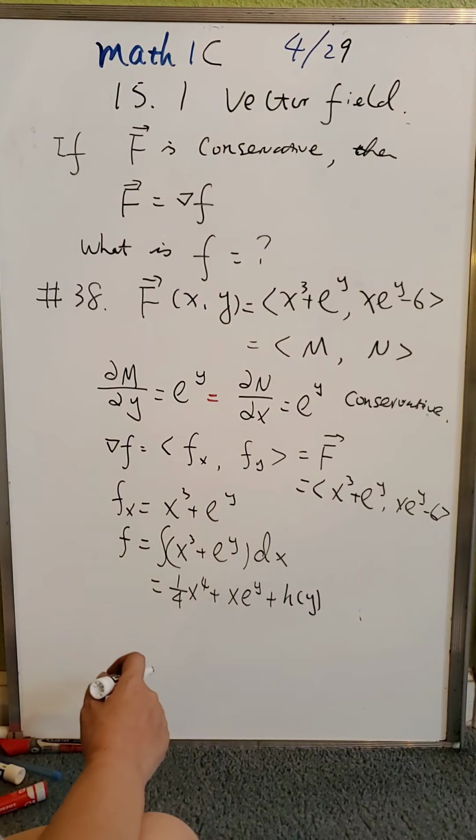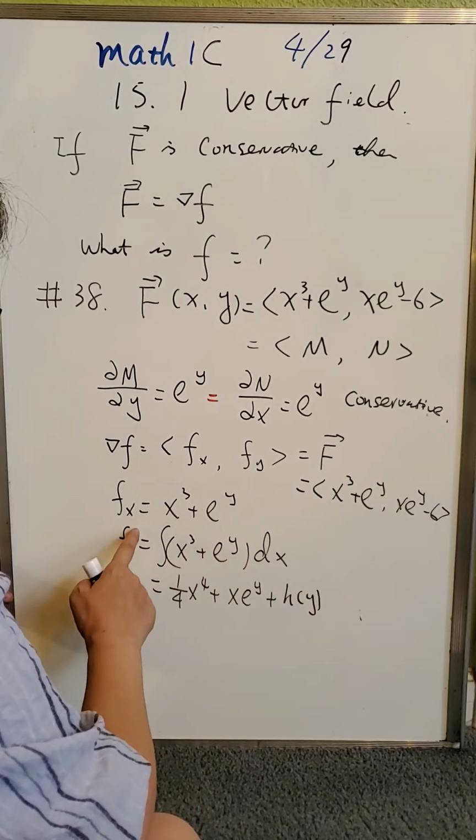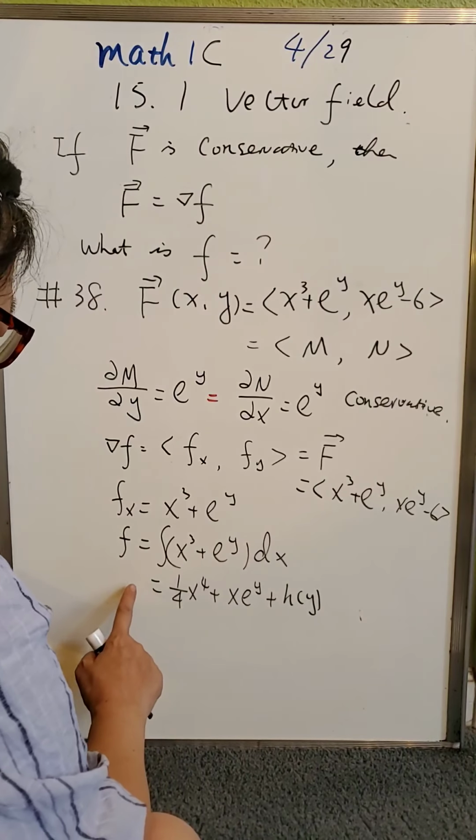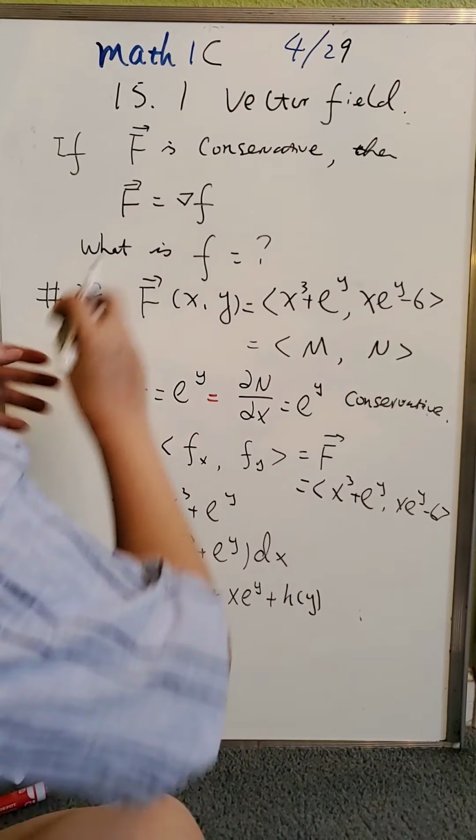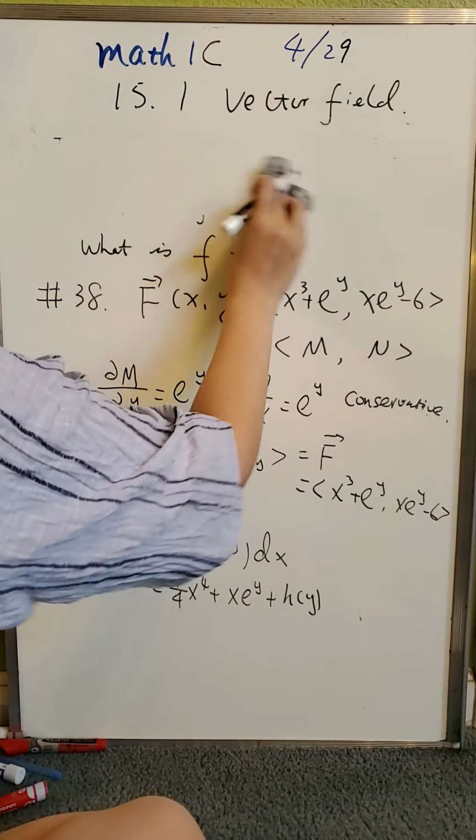So what I do, I take this function here and take the derivative with respect to y. I'm going to put it up here because that's a little bit too low.